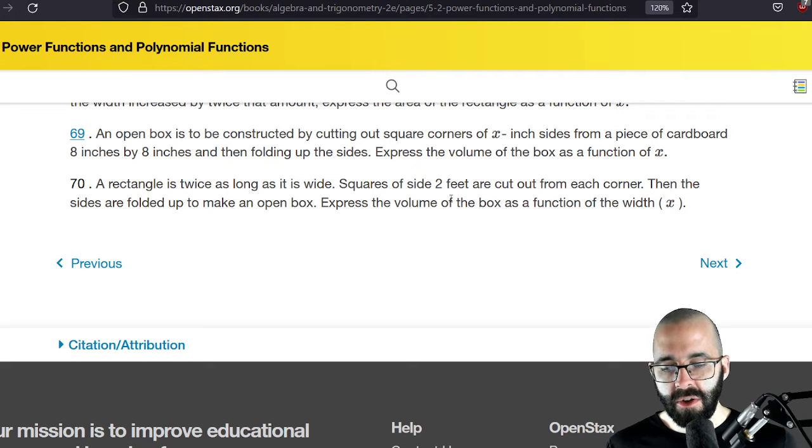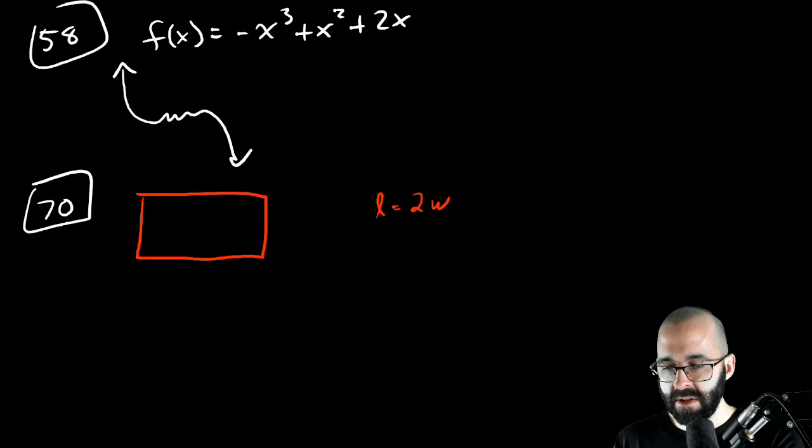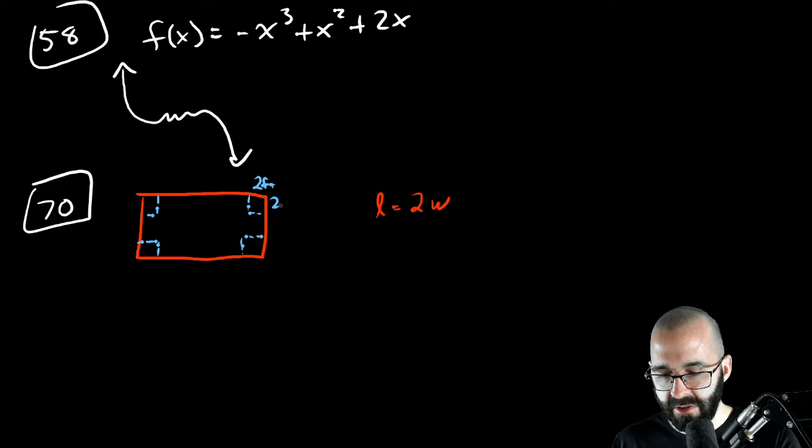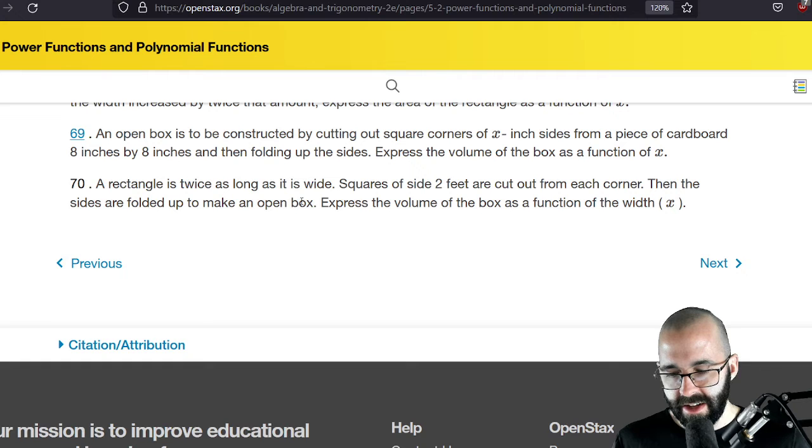Squares of side 2 feet are cut out from each corner. So from each corner, right, we're cutting out little squares from each corner. And these have side length 2 feet. I should have drawn a bigger rectangle. And they're folding up the sides to make an open box.